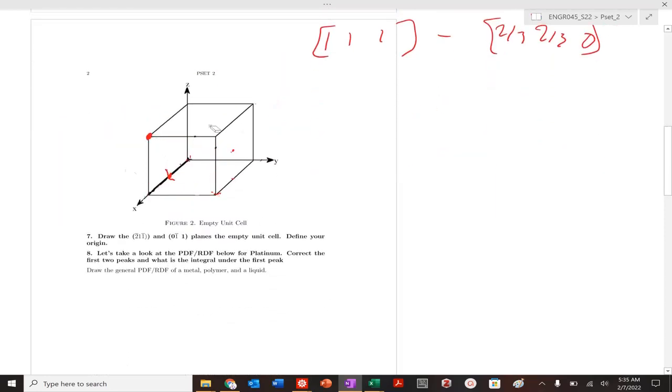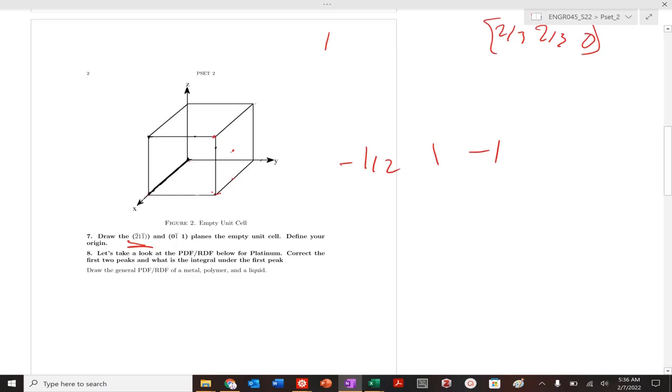Draw the 2 in the other planes. So let's do this. My intercepts are going to be effectively, for this one here, -0.5. It is going to be 1, and then it's going to be -1. So I already know I'm going to have to switch that origin because I have negatives. So how am I going to draw this? I need to go back.